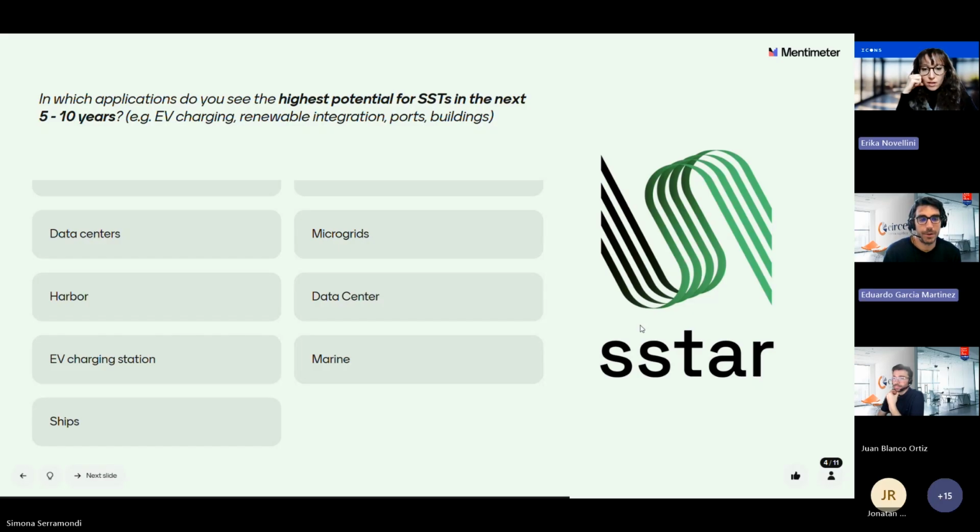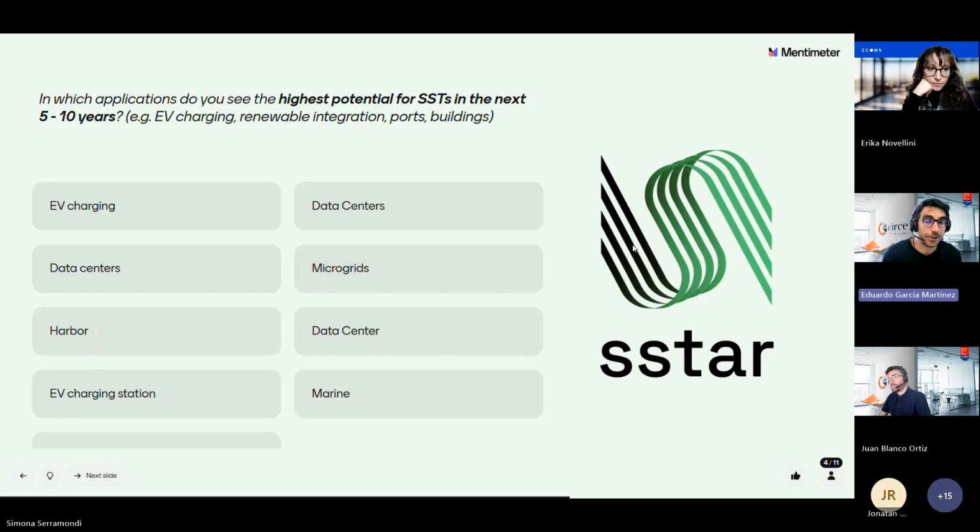Yeah, I agree with that, and also EV charging, for sure. Yeah, and do you also want to comment something about electric vehicles, which are a very common use, where the general public can see the impact of solid state transformers? It's the same, but in the case of electric cars, the voltage is going to be lower, not so much as the medium voltage that can be in ships, for example.